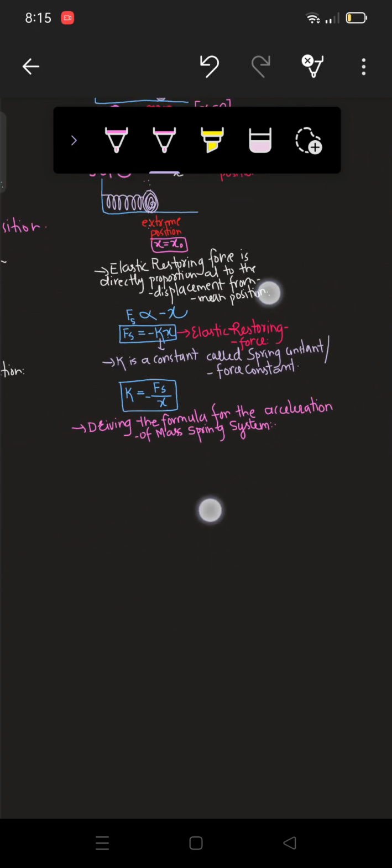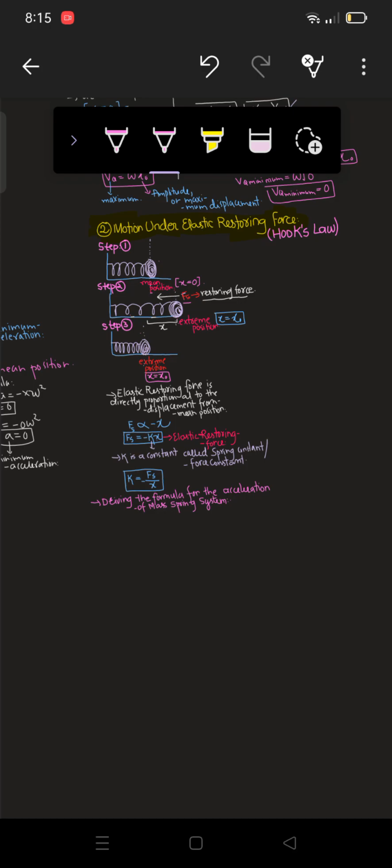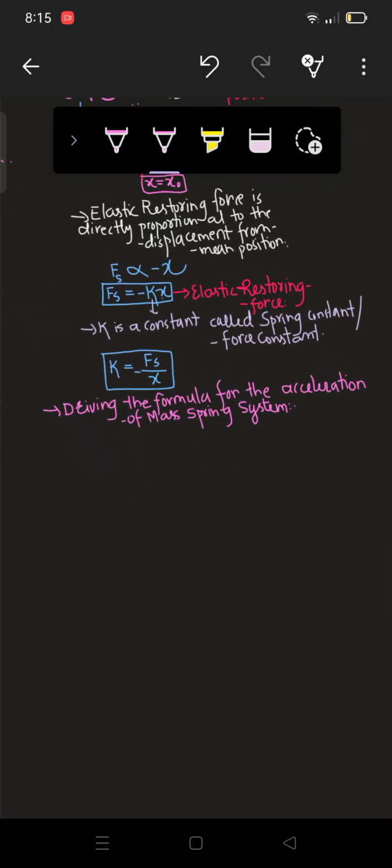Now we are going to derive the formula for what? We are going to derive the formula for finding the acceleration of the mass spring system.